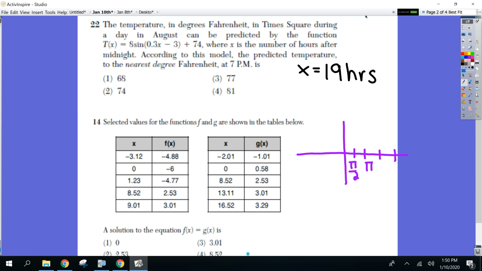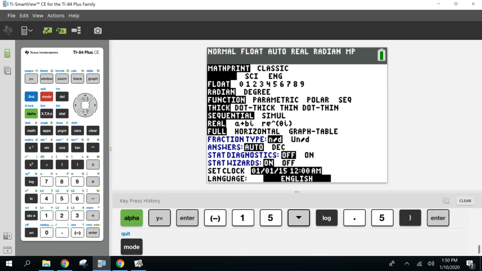That's always in what type? Radians. That's what your calculator's got to be in here. Your calculator's got to be in radian mode before you plug in 19. Any sine or cosine equation, if you're going to plug a number into it for x, it's got to be in radian mode. So hit your mode button, change it back to radians if it's not already there.